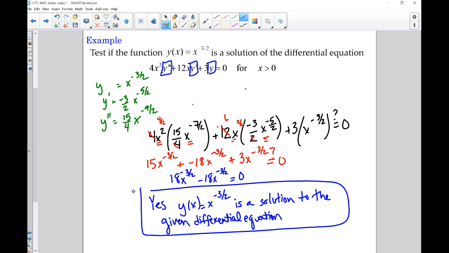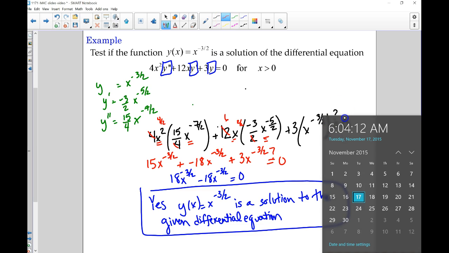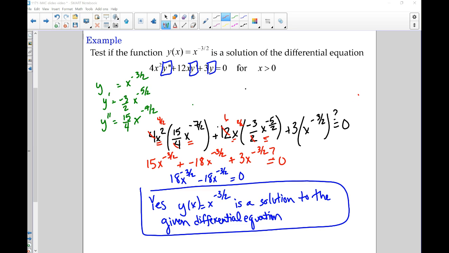And again, just how do I know that? It is because I was able to verify that it was indeed equal to 0. That I got a true statement out.